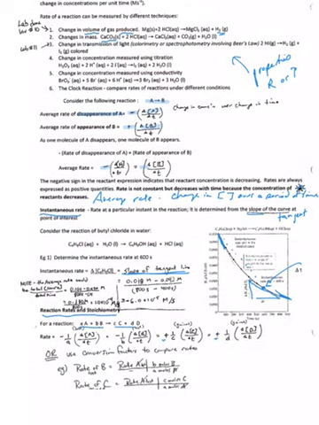So if you know the rate of A, then whatever the coefficient is, b moles, if we want to convert the rate of A to the rate of B, we've got b moles of B to a moles of A according to these stoichiometric coefficients. And same with C.